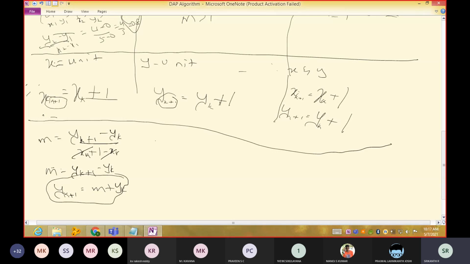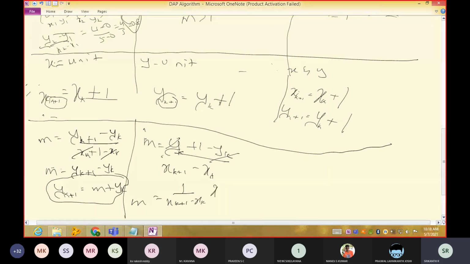And here m is equal to y of k plus 1 minus yk divided by x of k plus 1 minus xk. Here this yk and yk get cancelled. m is equal to 1 divided by x of k plus 1 minus xk.